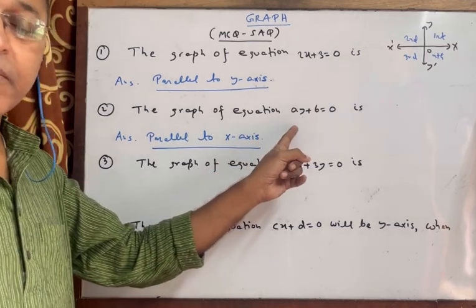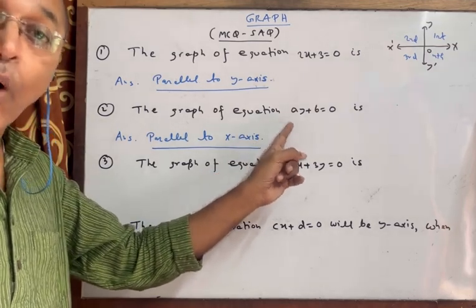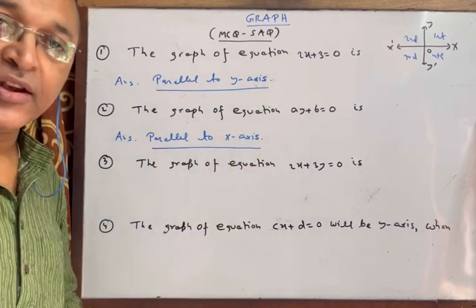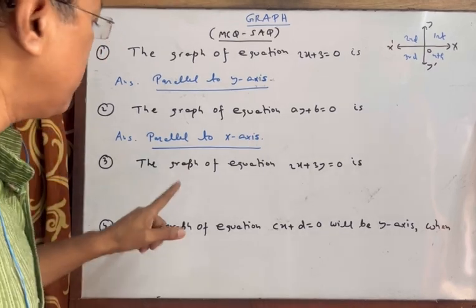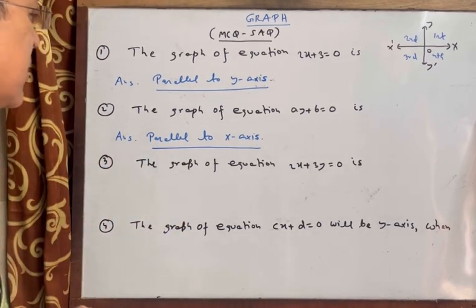Since this equation contains only one variable y, others are constant, so y is equal to a certain constant, meaning parallel to the x-axis. Just go to the next question.